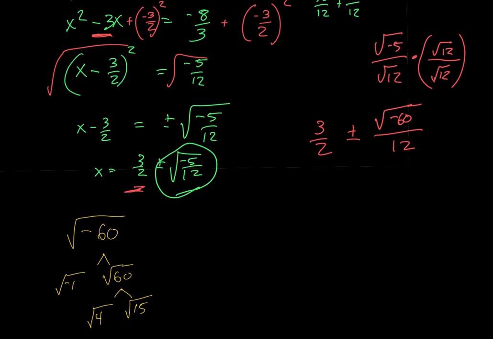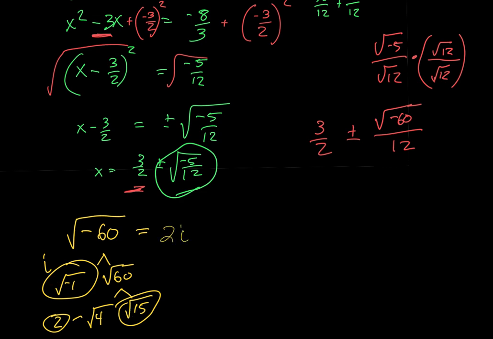Square root of 4 times square root of 15. 15 times 4 is 60. Square root of 4 is 2. The i, well, that's i. And then 15 is not divisible by 4 or 9. So the square root of negative 60 is equal to those three things, here, here, and here, multiplied together: 2i square root of 15.